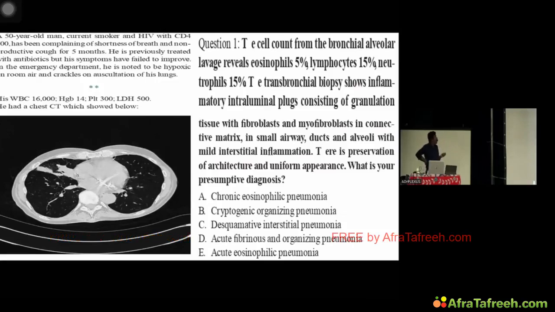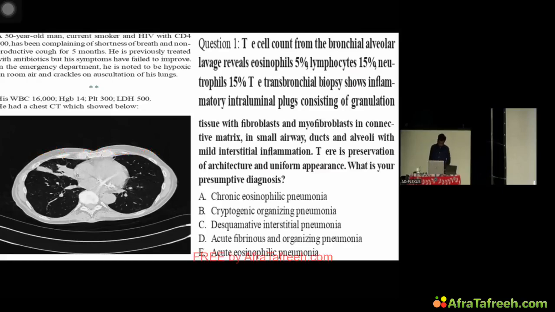A 50-year-old man, smoker, HIV, CD4 count 500, has been complaining of shortness of breath, non-productive cough for 5 months. He was previously treated with antibiotics, but his symptoms failed to improve. Otherwise the patient has crackles on auscultation. His WBC count is 16,000 and CT showed below.